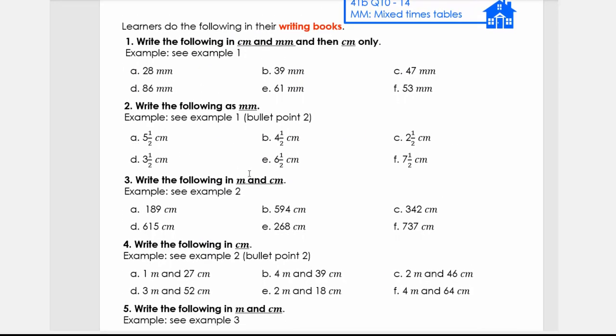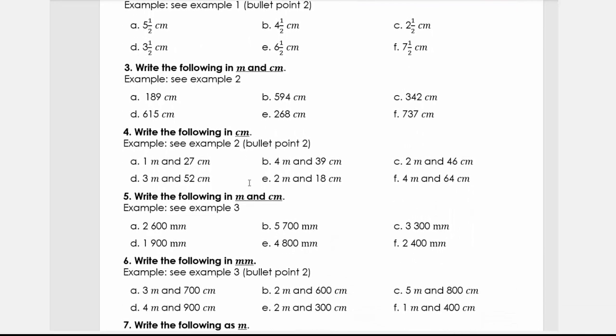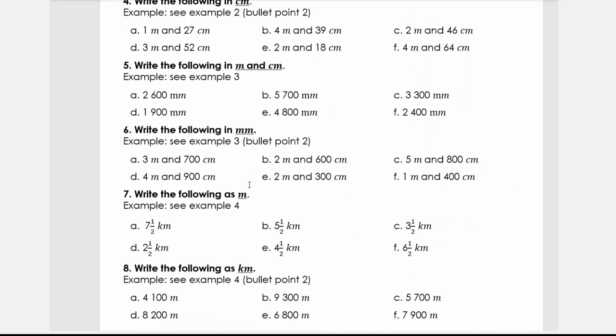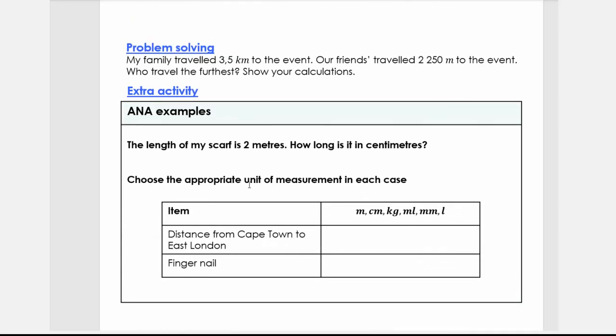Then you're going to do your worksheet. A lot of practical things. Keep it as practical as possible. You're going to solve your problem. Again, remember to look at your numbers, standardize your measurements.